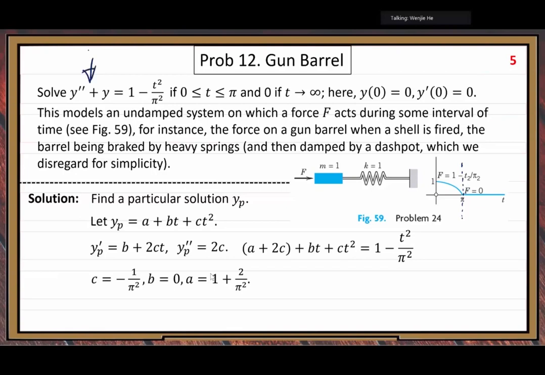Look at here. We have an undamped system. Think about what would happen if you have a damped system. If you have a damped system, you have a term, so let me use a constant rho times y prime. That's the damped system. When you have a damped system, then your B won't be 0.